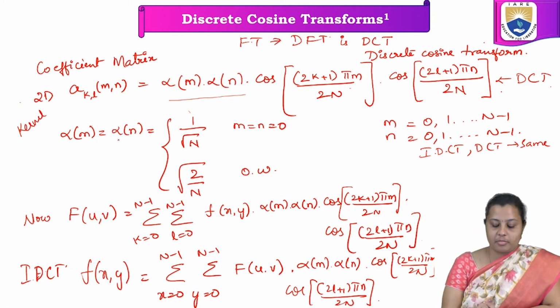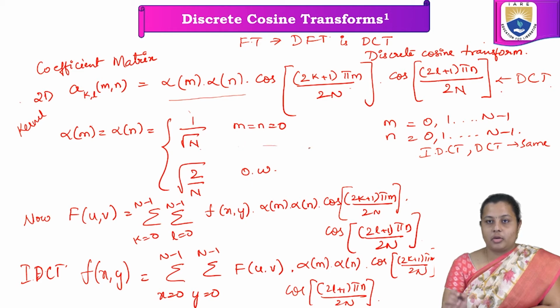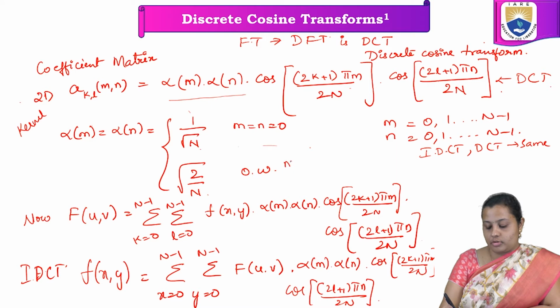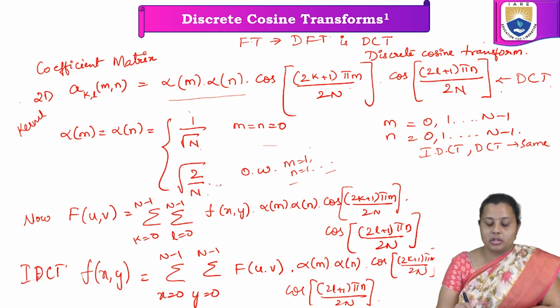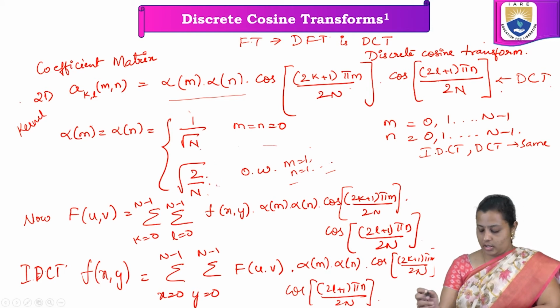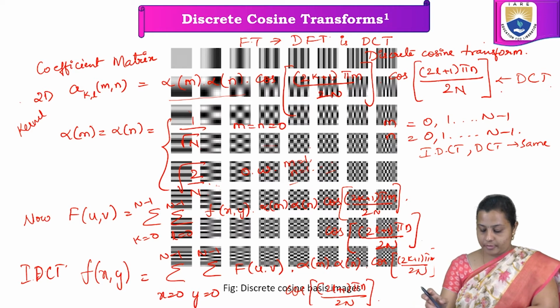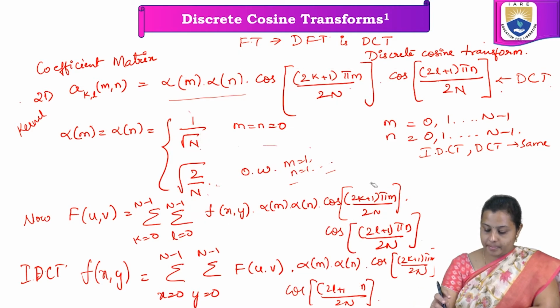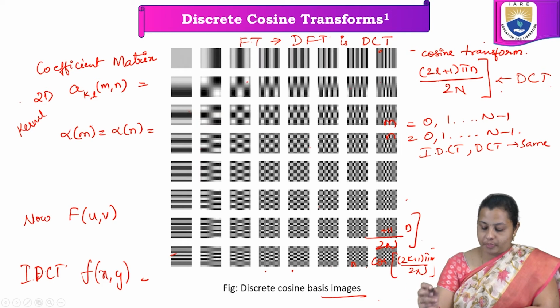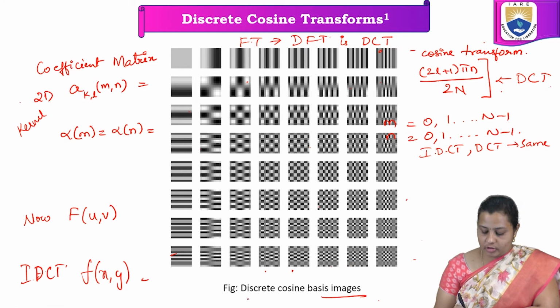Right? So alpha of m equal to alpha of n is equal to 1 by square root of N where m is equal to n equal to 0, and the value is square root of 2 by N for all other cases. Say suppose m equal to 1, n equal to 1, for all these cases, the value of alpha is equal to square root of 2 by N. So when we calculate our coefficient matrix, we get the discrete cosine basis function images as shown here.